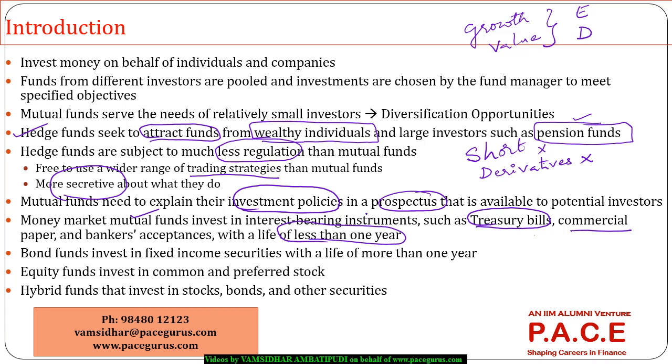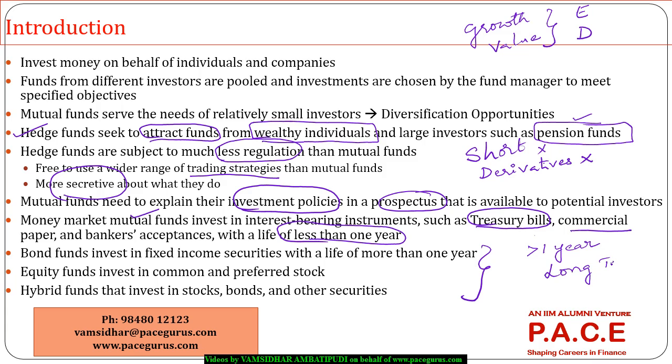So all the money market mutual funds do their investments in all those securities whose life is less than 1 year. Right? So those kind of funds where the life is less than 1 year, we call them money market mutual funds.